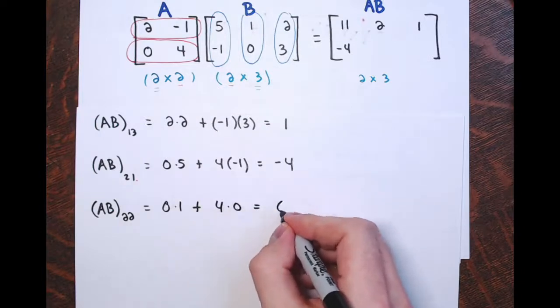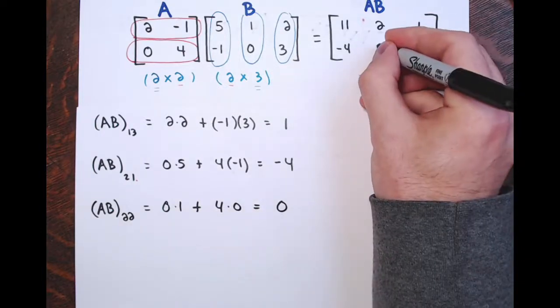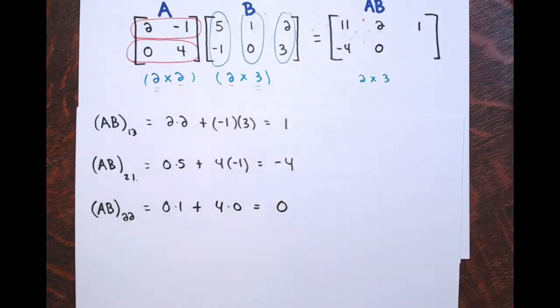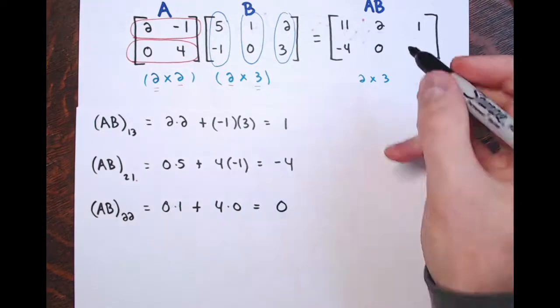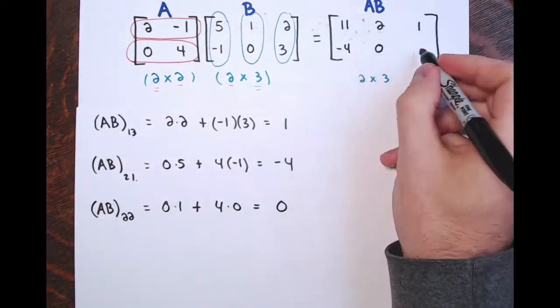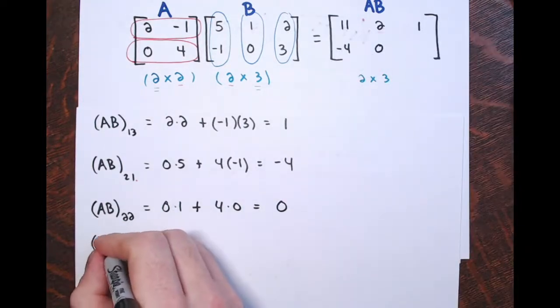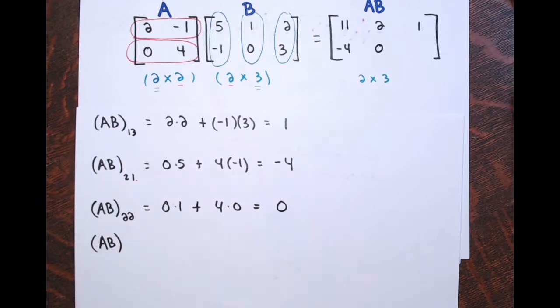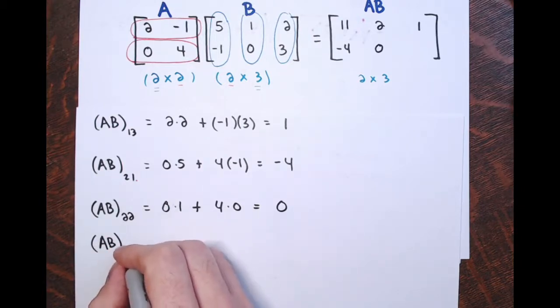And this is just 0 plus 0. So the second row, second column entry of the product AB is 0. All right, then finally, there's only 1 more space to fill. Second row, third column. So what's in this product, A times B, what's the second row, third column entry?